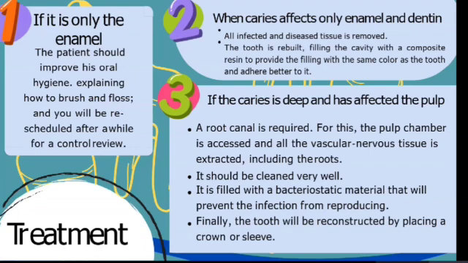For this, the pulp chamber is accessed and all the vascular nervous tissue is extracted, including the roots. It should be cleaned very well. It is filled with a bacteriostatic material that will prevent the infections from reproducing. And finally, the tooth will be reconstructed by placing a crown or sleeve.